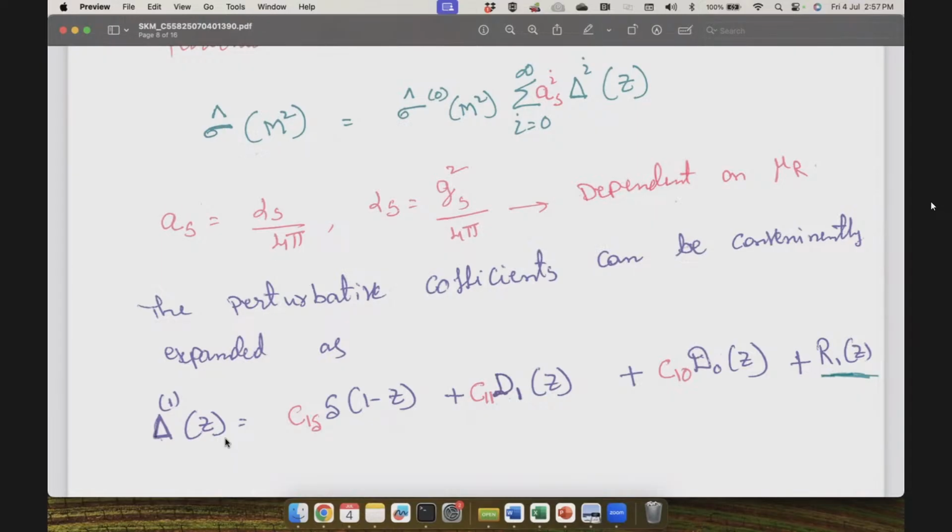For the 2 to 1 process it is a trivial thing, still not that trivial when you go to the higher order corrections. However, for the 2 to 1 process, using the phase space mapping, you can convert the entire phase space radiation integral in terms of these fractions of z.